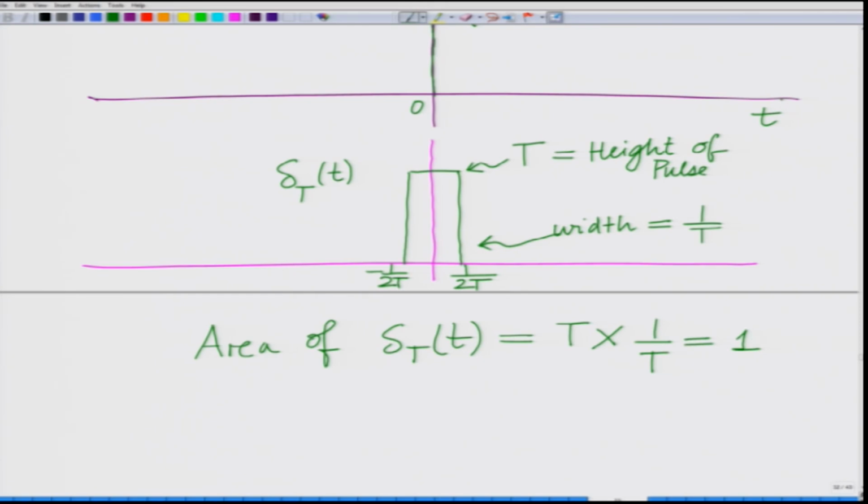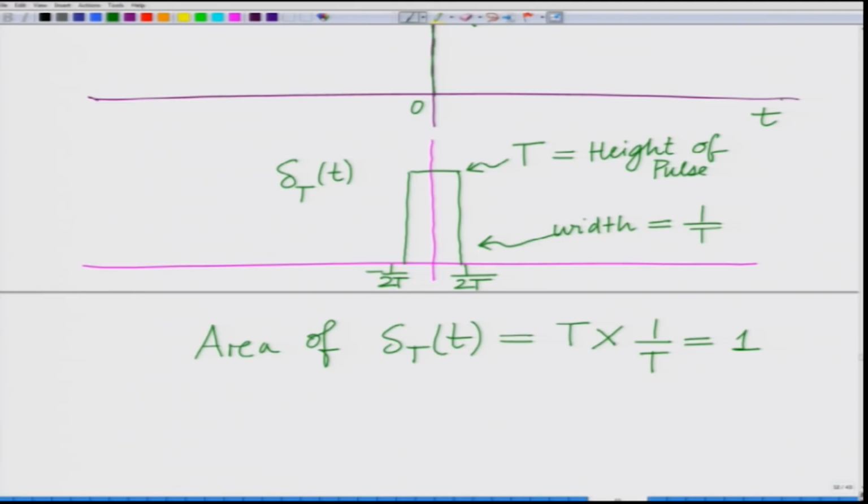So, we can think of an impulse with height capital T, width 1 over T, spanning from minus 1 over 2T to 1 over 2T, so that the area is always capital T into 1 over T, which is basically 1, unity.